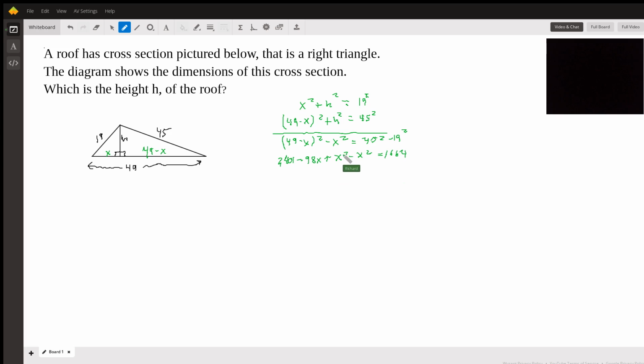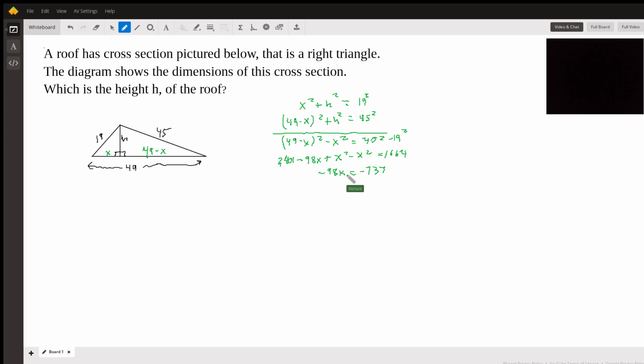The x squared terms go away, which leaves me with negative 98x. And I'm going to bring over that 2401, so negative 2401 plus 1664 is negative 737.